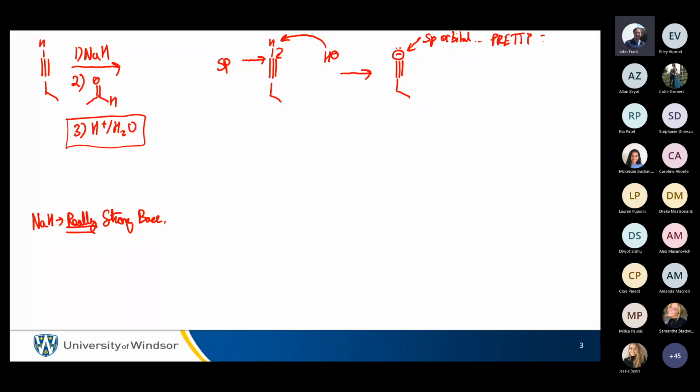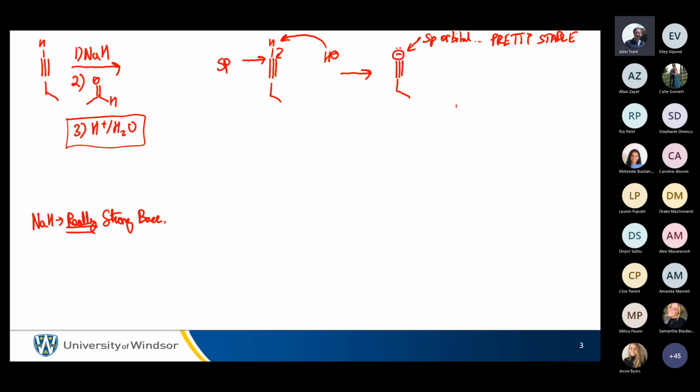This is pretty stable. As far as carbons go, it's about as good as you can get. Good luck removing a proton from carbon under almost any other situations. We'll see examples where we do it. But there's no resonance. There's nothing we can stabilize that with. You can't do resonance without electrons. But they're a really, really stable charge. And so this is something special about acetylides. Acetylides are very, very stable.